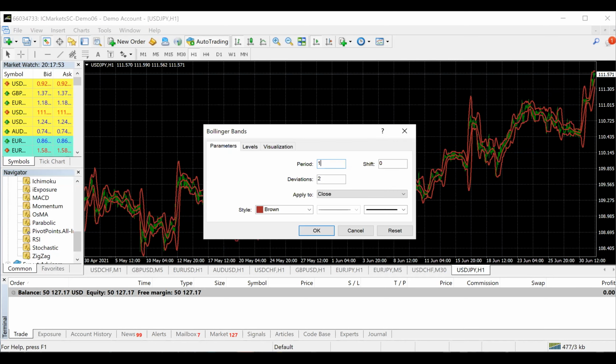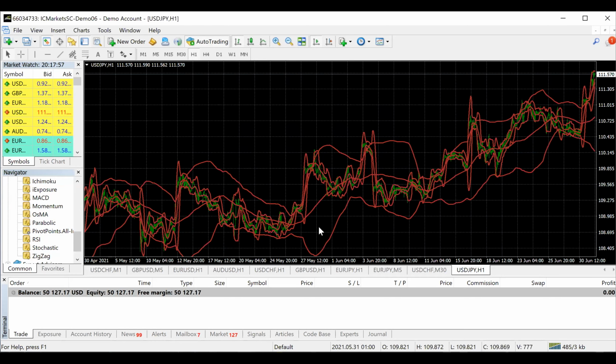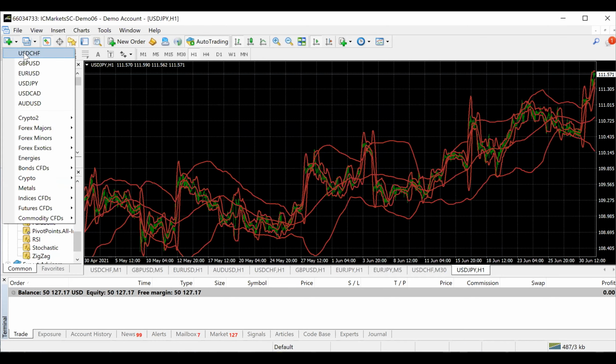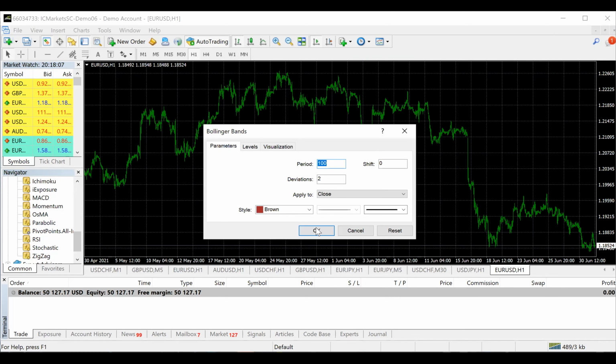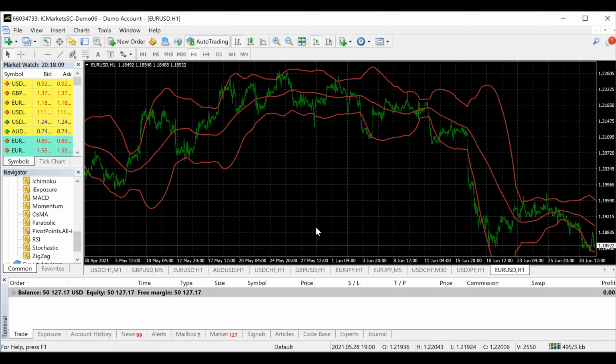Bollinger Bands, 100. Oh, sorry, I need to quickly open a new chart. Bollinger Bands, 100. Fantastic. Now, in Bollinger Bands, there will be a moving average inside it, and there will be two other lines, one at the top and one below.